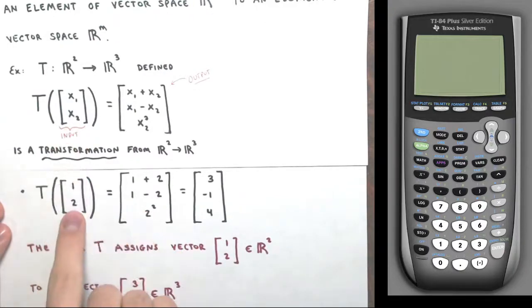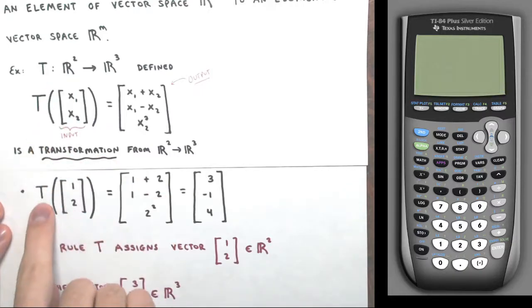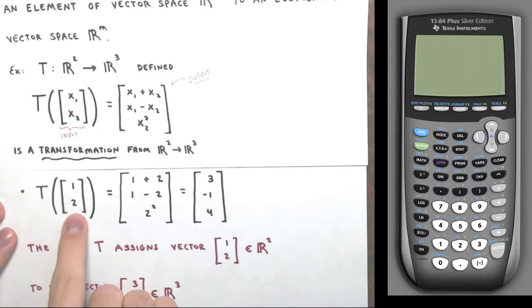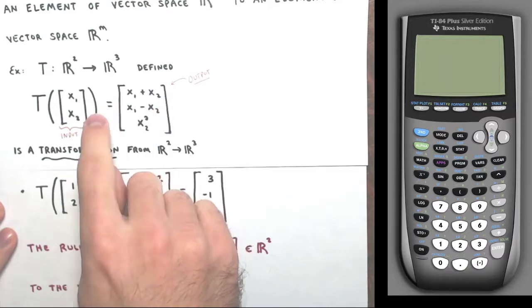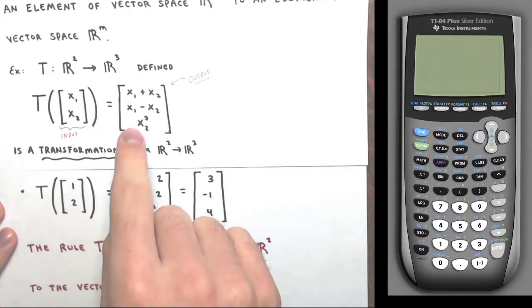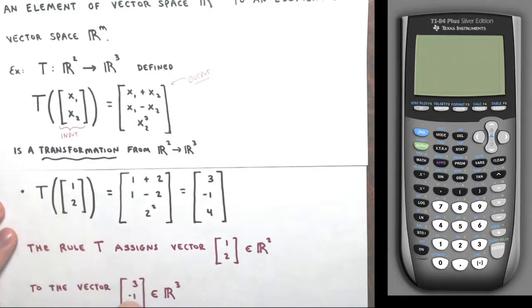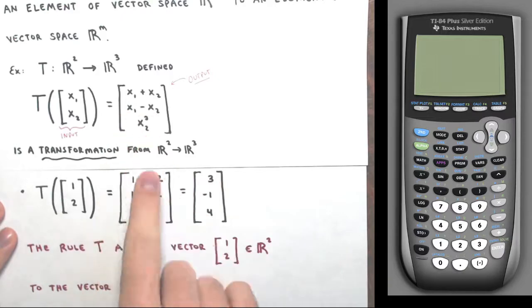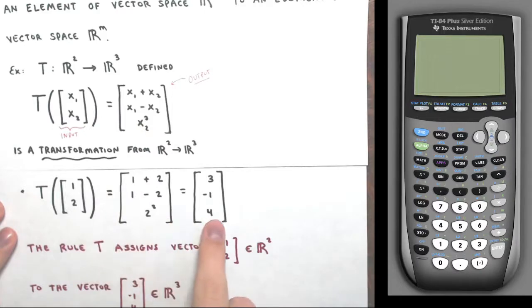So if I take my input, vector 1, 2 from R2, and apply the rule T to it, the transformation T of the vector 1, 2 is equal to, and then again, just going through this rule, replacing all the x1s over here with the number 1, and replacing all the x2s over here with the number 2. So the first component of my output, 1 plus 2 is 3. The second component, 1 minus 2 is negative 1. Third component, 2 squared, or 4.